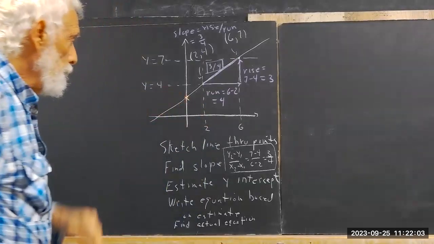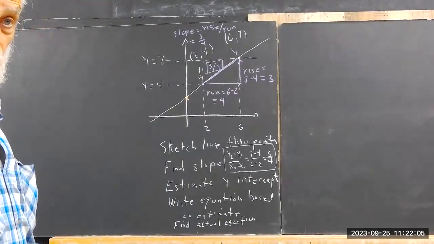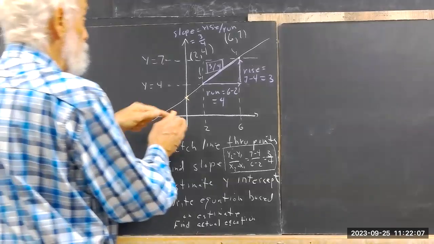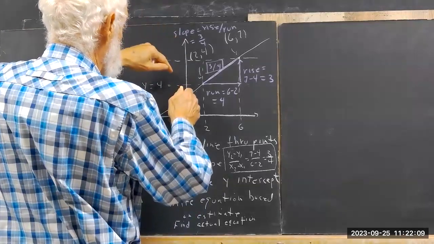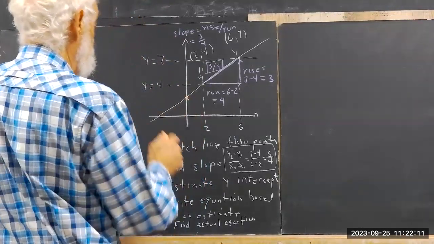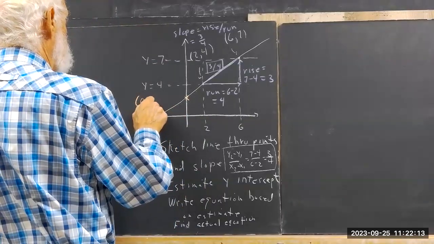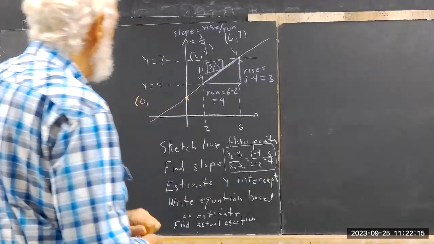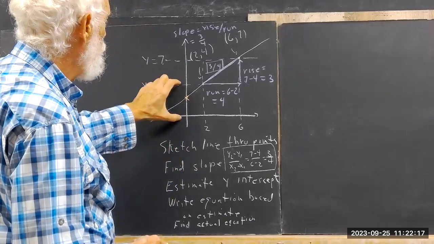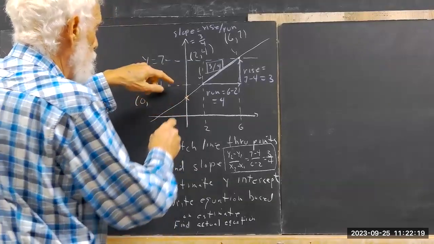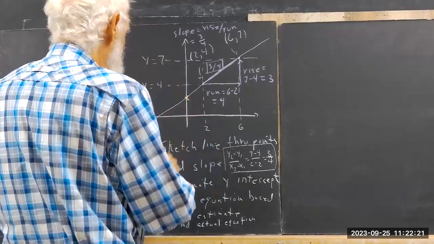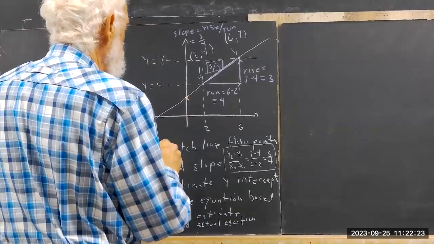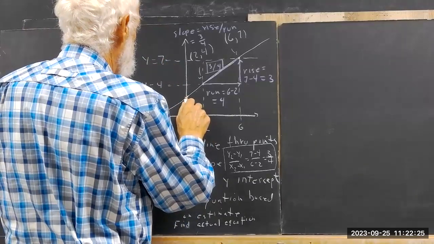Now, can we estimate the coordinate of that point, the y-coordinate? You know that x is 0 because on the y-axis, the x-coordinate is 0. Okay, so we have 0. What's the y-coordinate? Well, 0 is here, 4 is here. So I could divide this in half, and I'd see that 2 is about here.